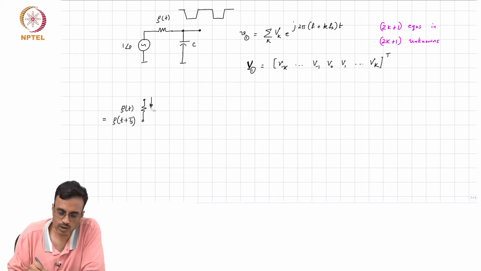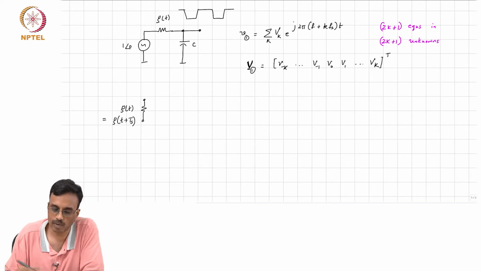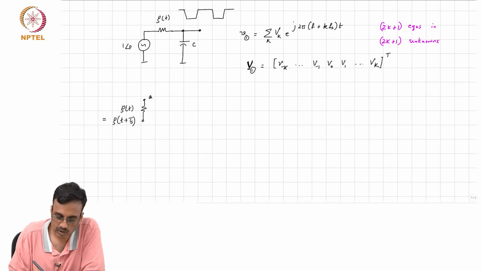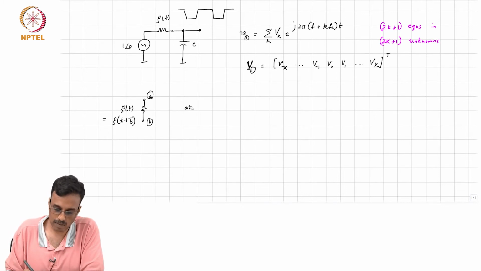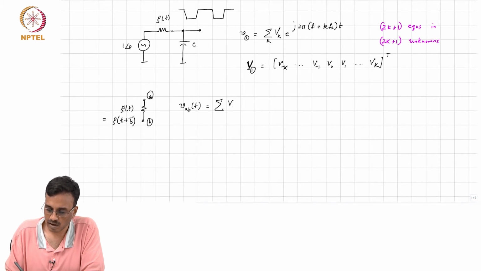So the branch voltage will be of some form like this, correct? Let's call this node A and this is node B, and the branch voltage VAB of t will be of the form sum over k of VAB k e to the j 2 pi (f plus k fs) times t.